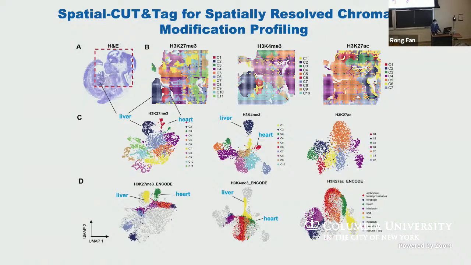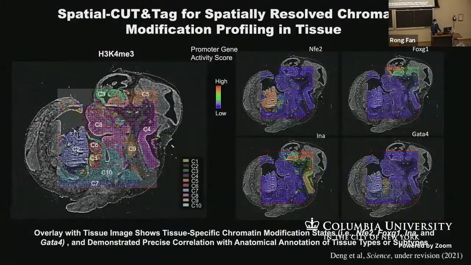The answer is true. You already can see that. Probably you can do a better job if you computationally integrate them together. So this is one of the histones we analyzed. They give you a much better view of the different tissue regions and the different histone modification profiles analyzed.